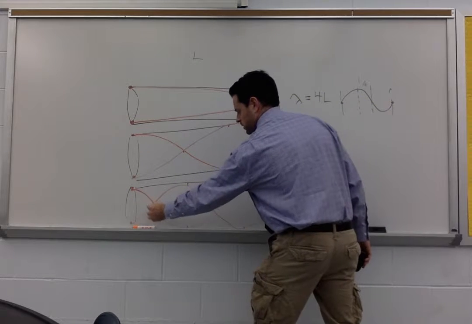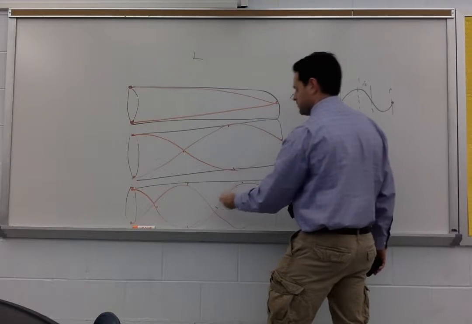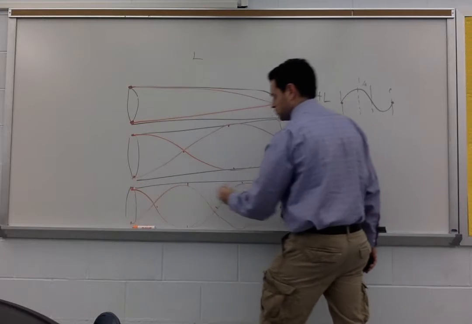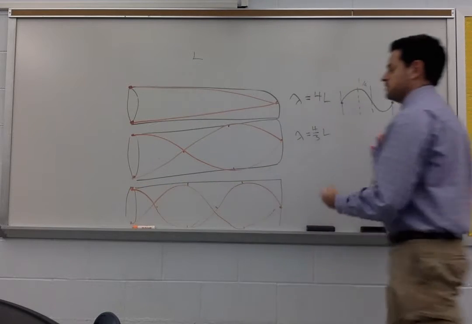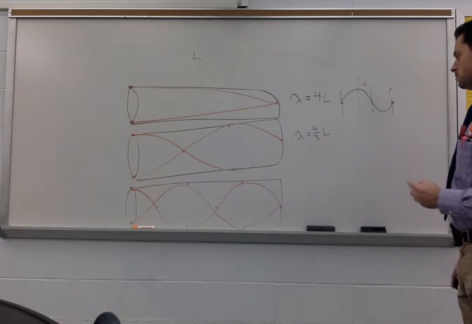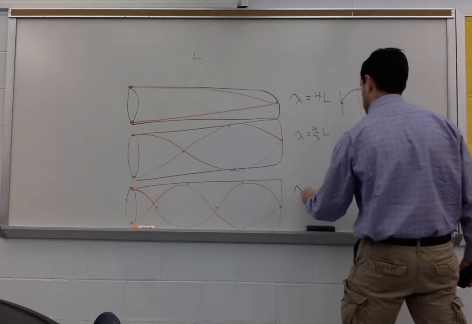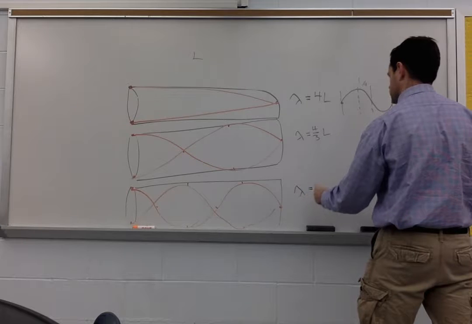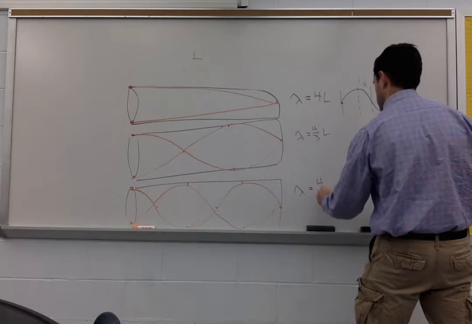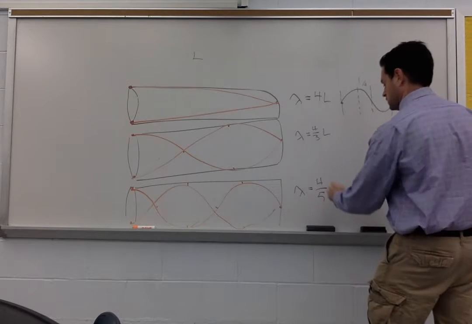Here we have 1/4 of a wave, 1/4 of a wave, 1/4 of a wave, 1/4 of a wave. So we have a whole wave filling up less than the tube. That means that the wavelength of this is 4/5 the length of this tube.